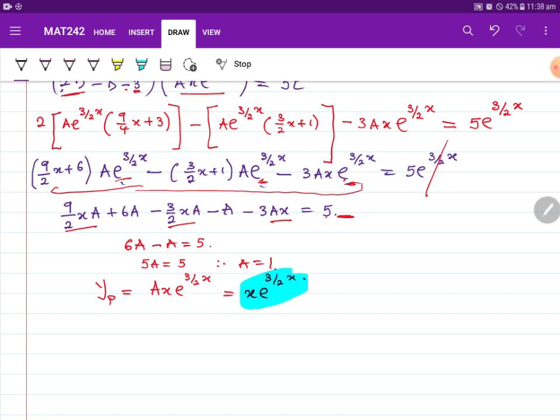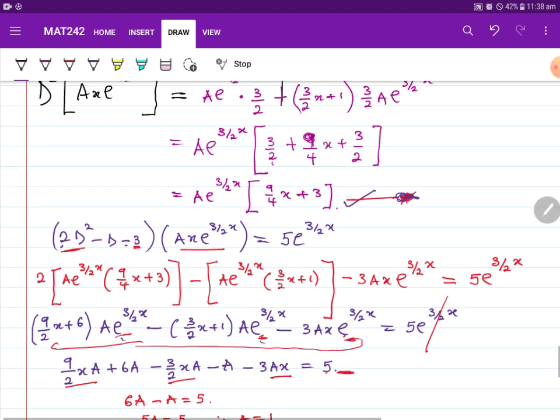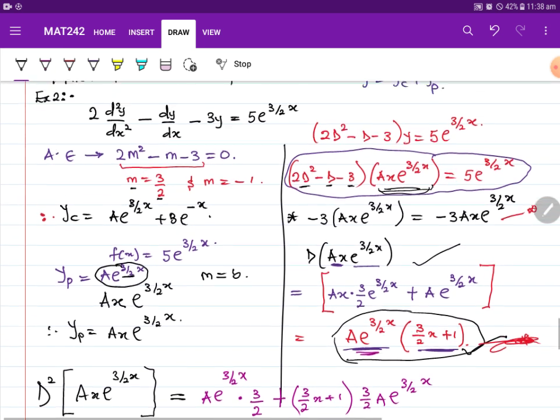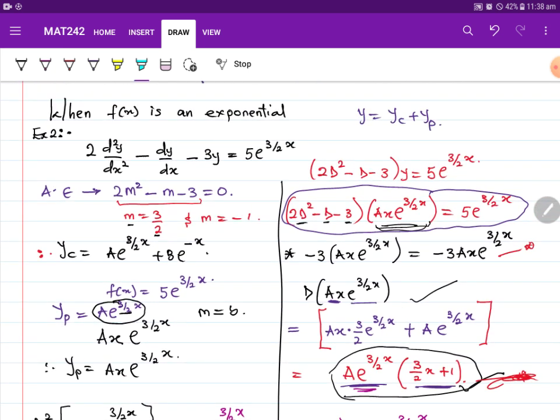Now I can say that my general solution is what? y is equal to yc plus yp. What is yc? Let's go and check our yc. Okay, this is our yc here.